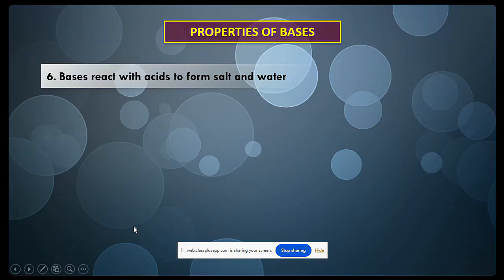Bases react with acids to form salt and water. As we have noticed, when acid reacts with base, it gives rise to salt and water. The same equation you can write here as well, because either acid reacts with base or base reacts with acid. Both are the same. Is it right?